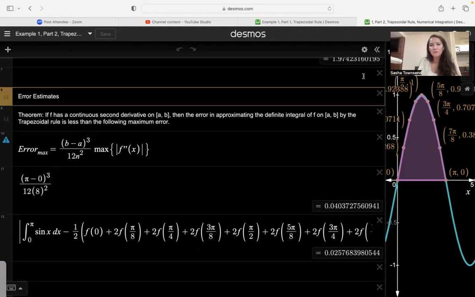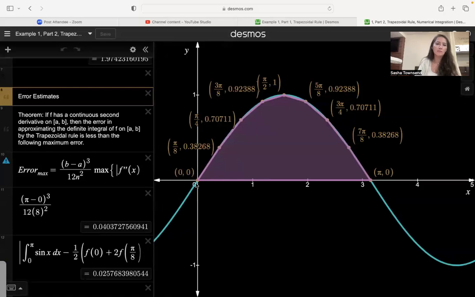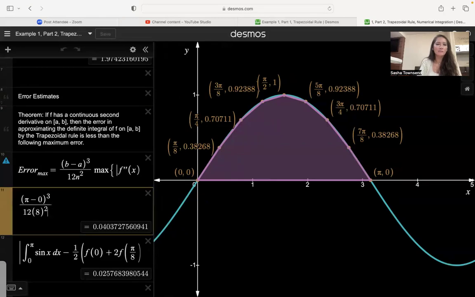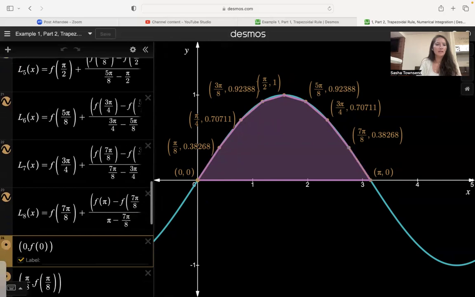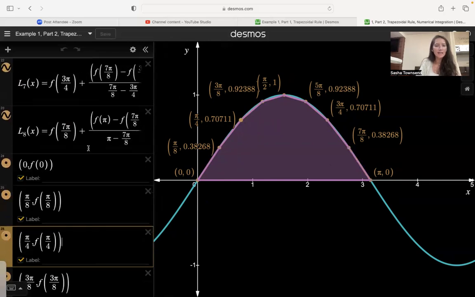Hopefully you feel comfortable with it. You understand where it comes from, because we're just taking the area of this first trapezoid, the area of the next one, and the next one, and the next one. And then as we go from segment to segment, we're counting these y values in the middle twice, which is why we've got 2 multiplying those y values in the middle for our function.